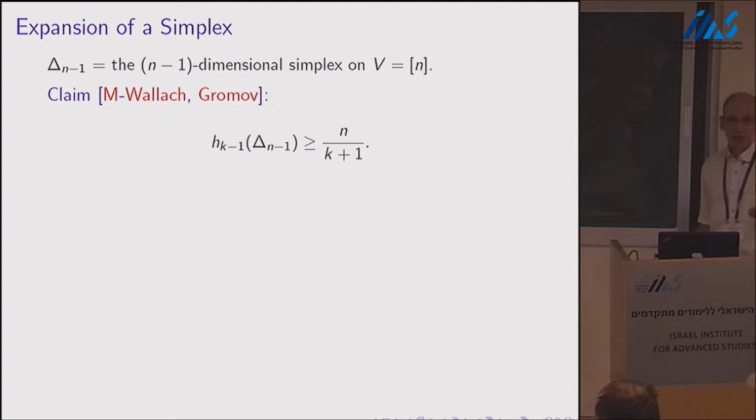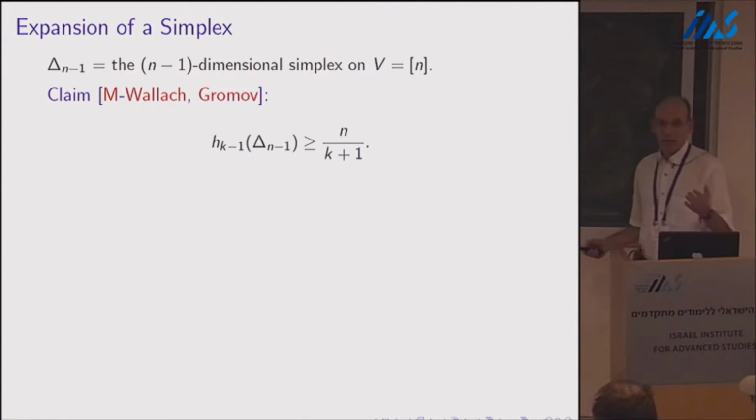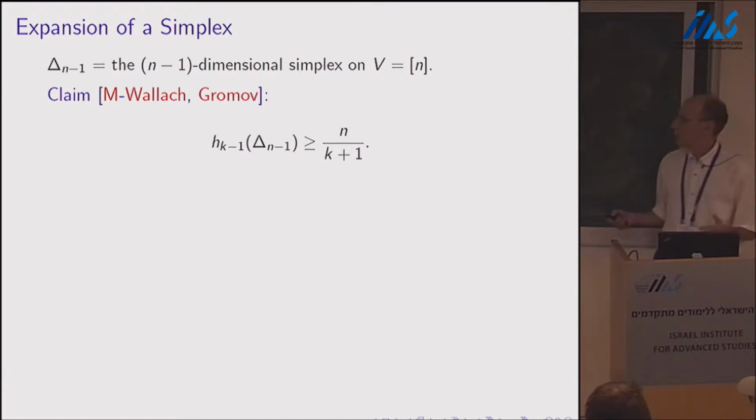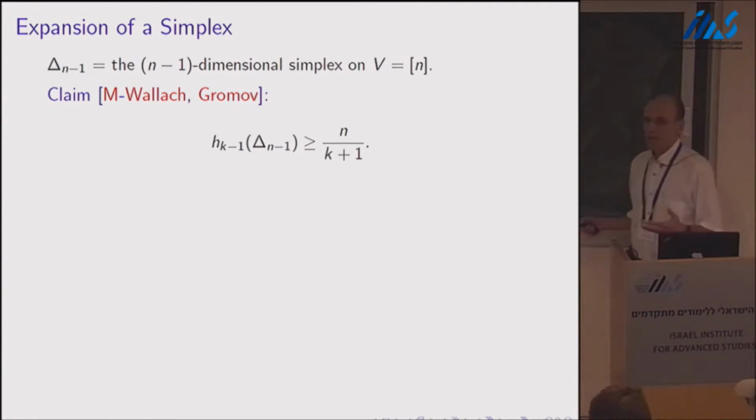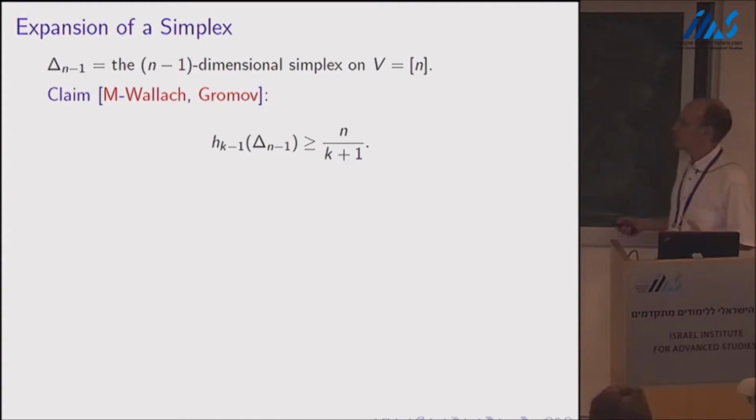Now let's look at the first, most trivial, so to speak, example, namely the expansion of the simplex, the n-1 simplex. The n-1 simplex is, of course, contractible. It has no homology, and it should have, by justice, very large expansion, and indeed this is the case.